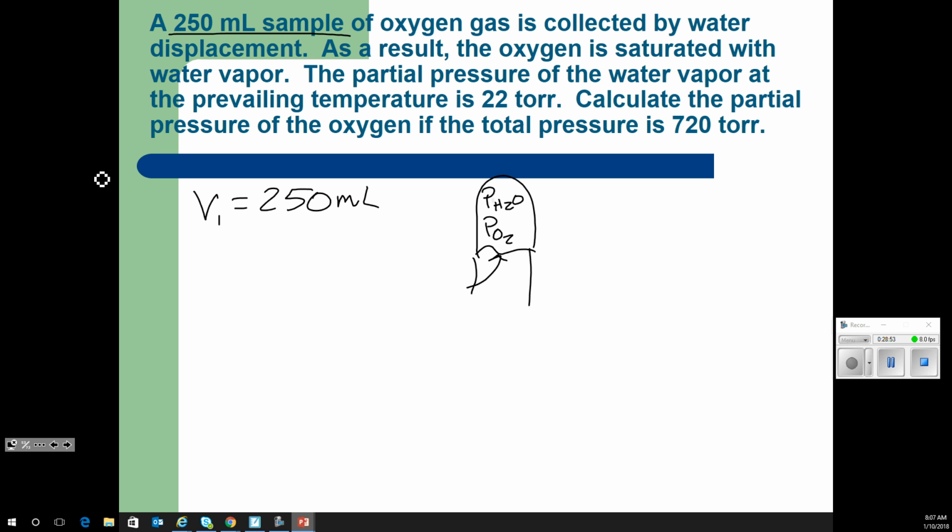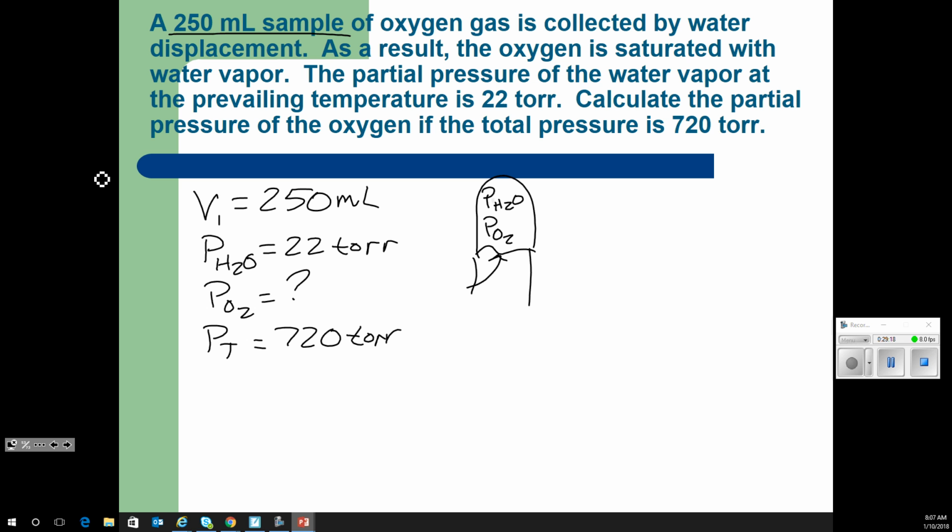Okay? Like I said, I'm a visual person. The partial pressure of the water vapor at the preliminary temperature is pressure of the water is 22 torr. Calculate the partial pressure of oxygen, so we're looking for P of oxygen, if the total pressure is 720 torr.